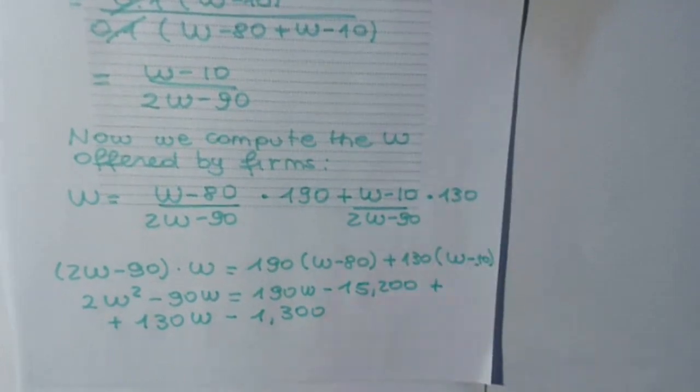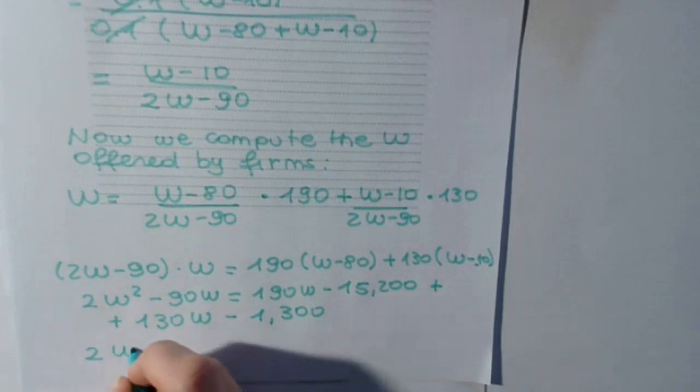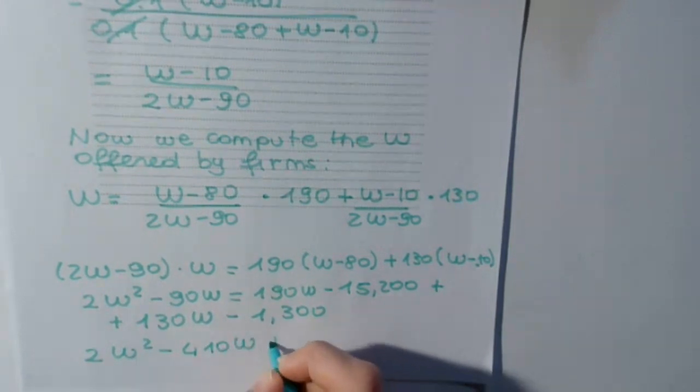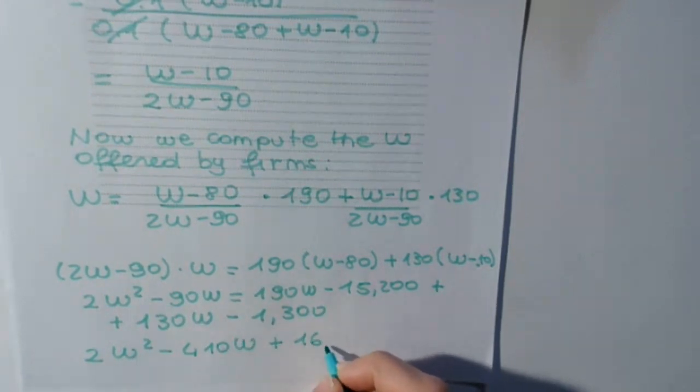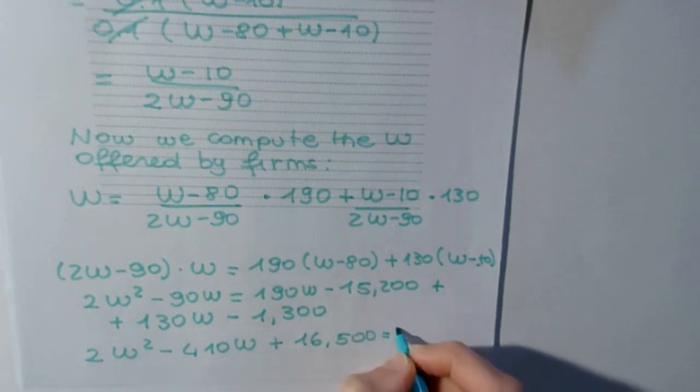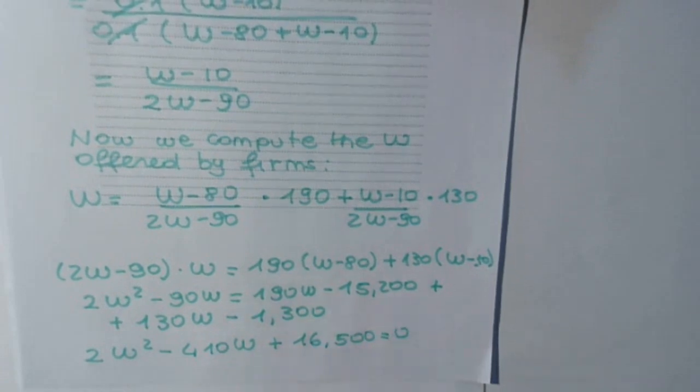You still can write it better, okay? So summing up, you get 2W squared minus 410W plus 16,500 equals 0, okay? Just a matter of computation. We can simplify this.